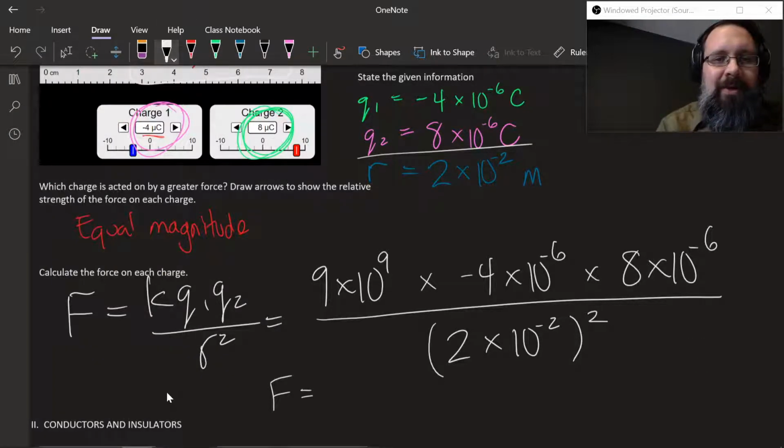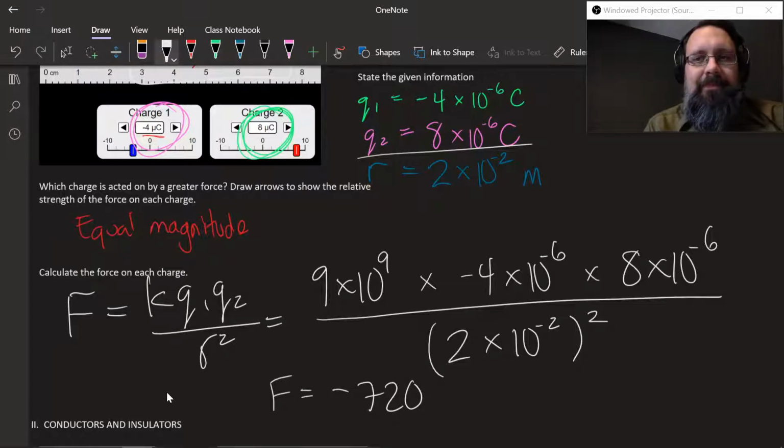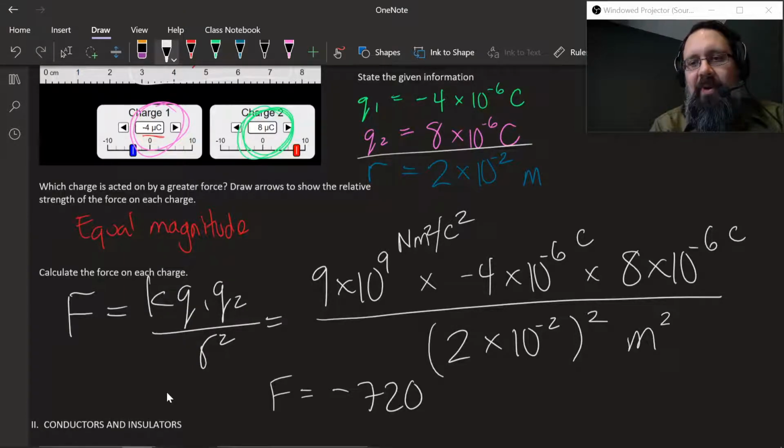And then what are the units going to be on this? So k is Newton meter squared per Coulomb squared. These are Coulombs, and this is meters squared.